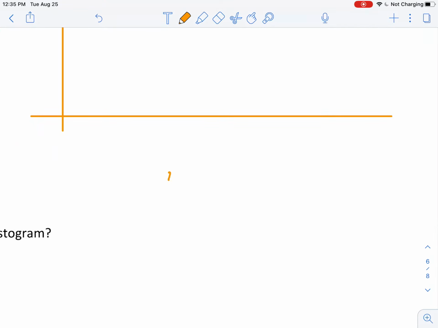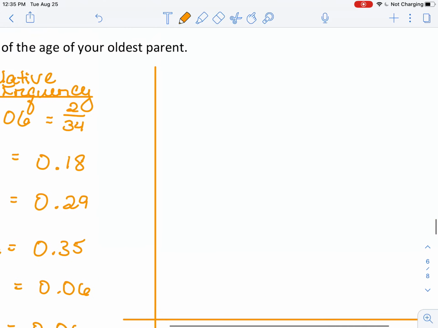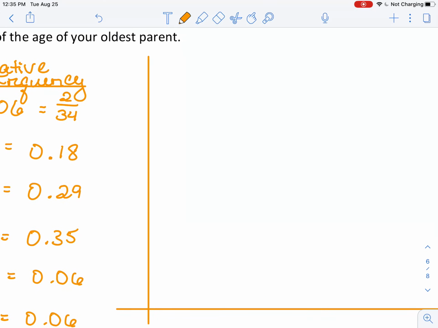Okay, so again, at the bottom, I'm going to put the age of our oldest parent. And these are recorded in years. The vertical axis, I'm going to do a frequency histogram this time, so I'm going to ignore those percentages we just figured out.